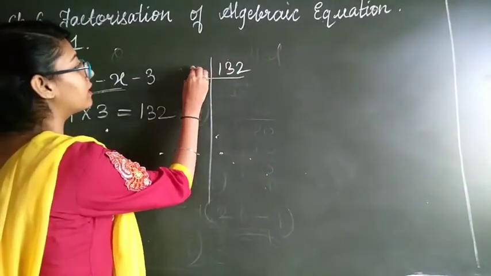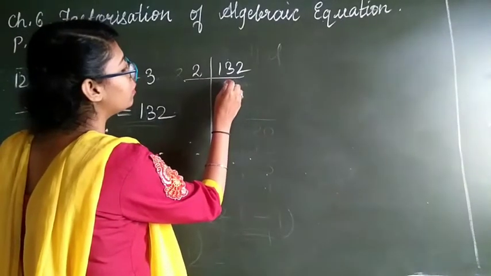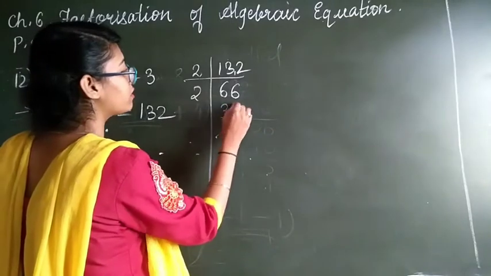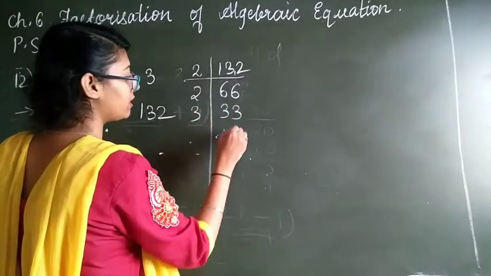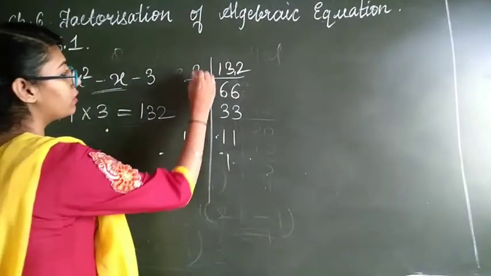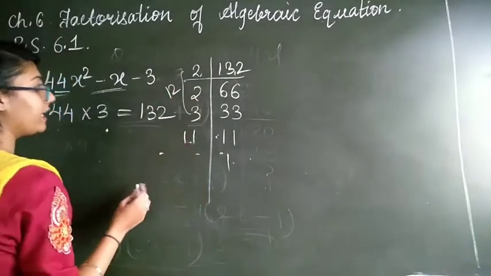So let's start. 2 2s are 4, 4 2s are 8, and 3 is 12. Okay, 12 and 11.